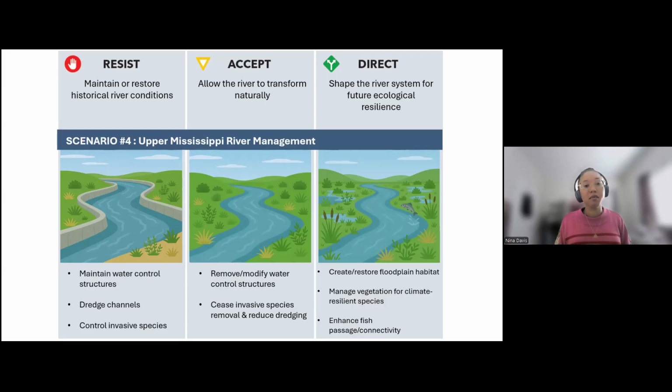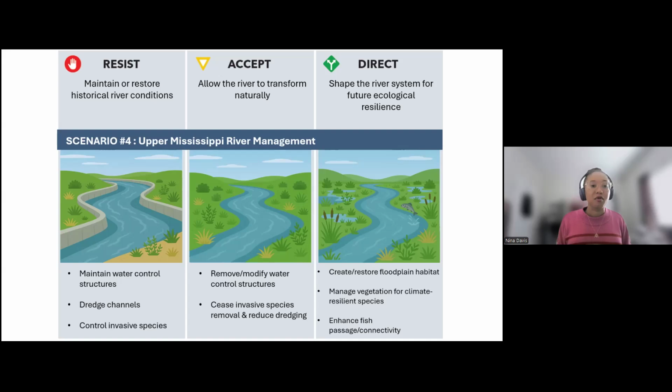So for scenario number 4, the driver of change here is altered hydrology, climate change, invasive species, and sedimentation. Your focus is ecosystem function, navigation, flood control, and recreation. I would like to point out that scenario number 4 is actually a real scenario.